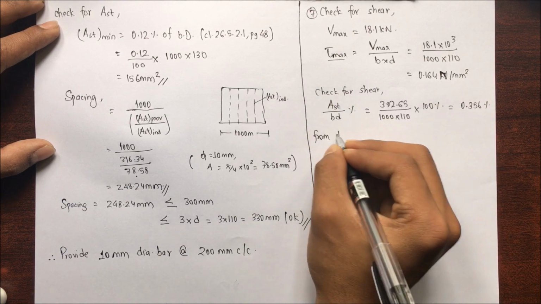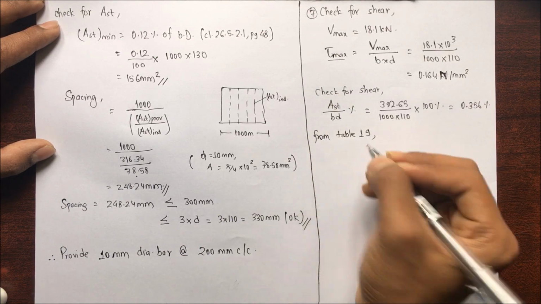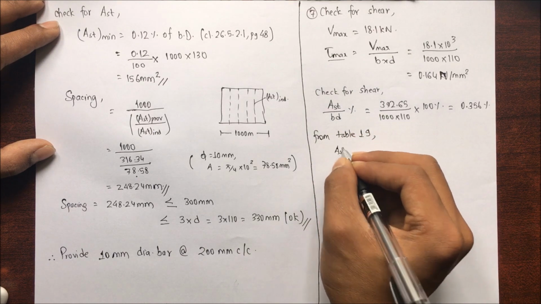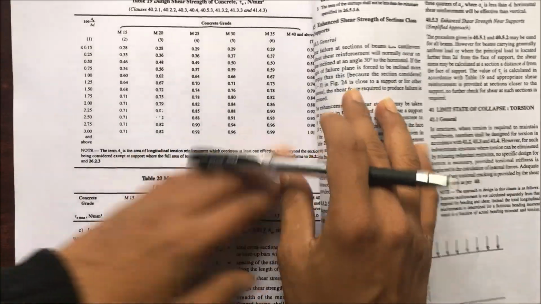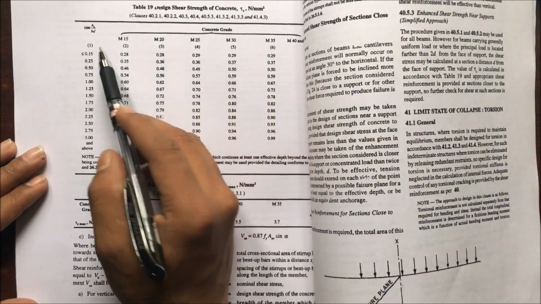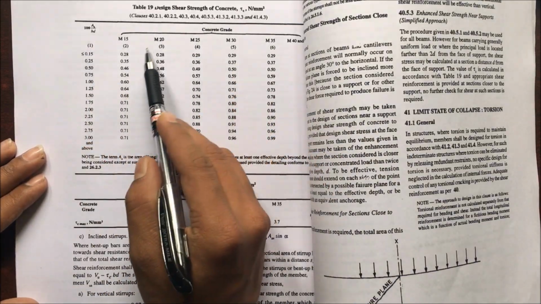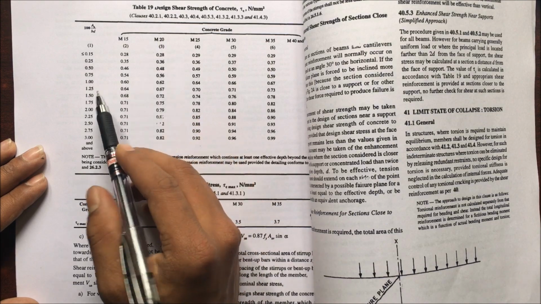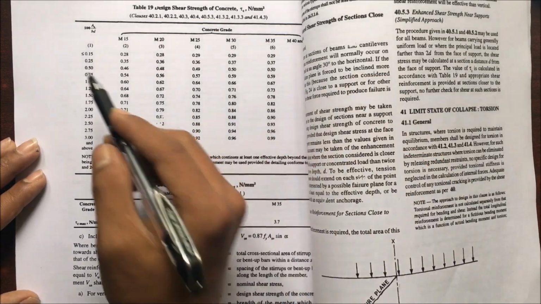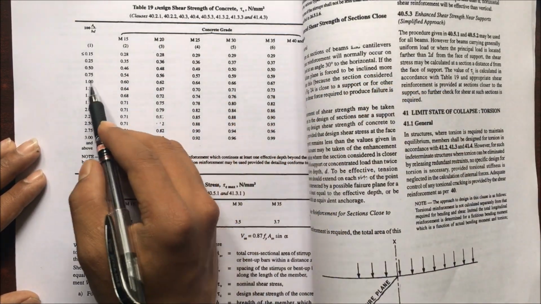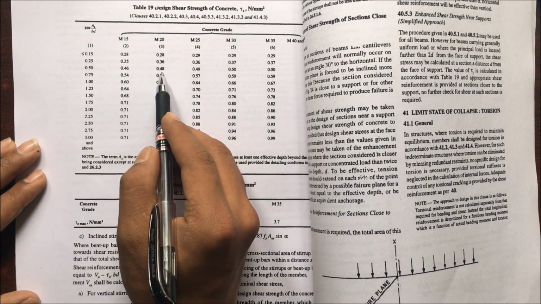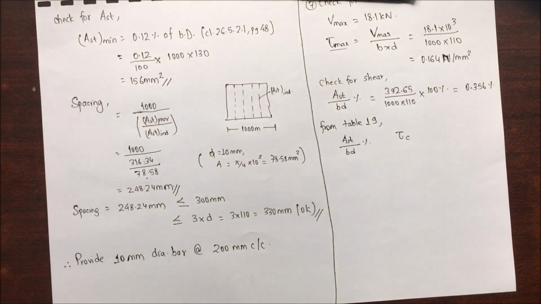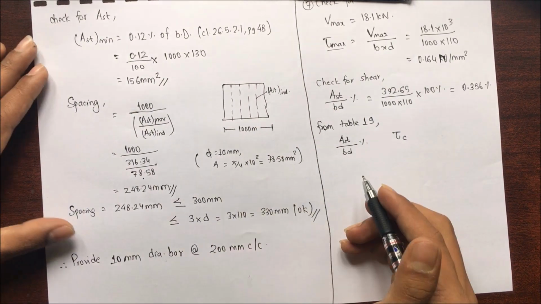From table 19, Ast by BD percentage, we will find the shear stress for M20 concrete. The value we calculated lies between 0.25 and 0.5, so we will interpolate between these two.